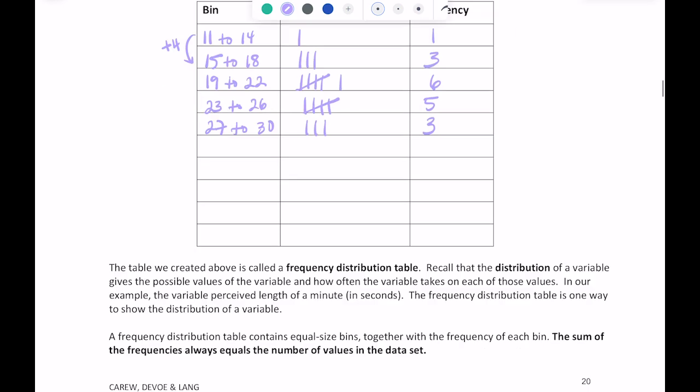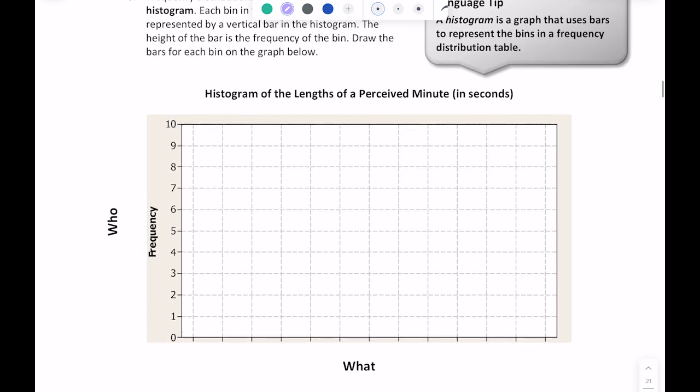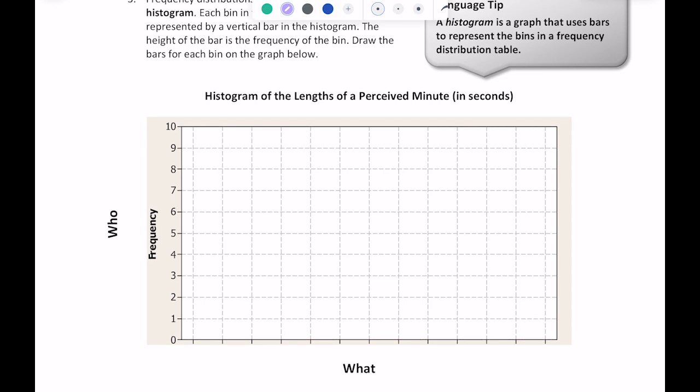Now, when you look at this histogram, notice that we have the words who and what. The what is going to be your horizontal axis, and the who is the frequency on the vertical axis. So now we know that we started our bar at 11. There's a gap here, and usually you can put a little jagged line to show that it goes from 0 to whatever number you're starting with.